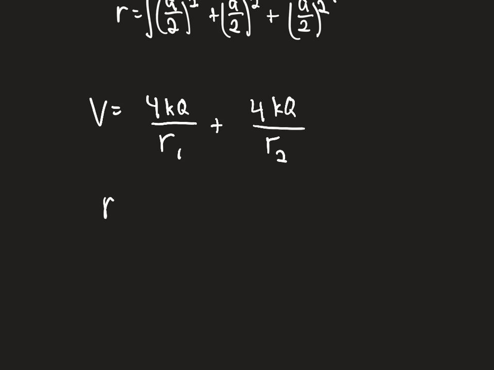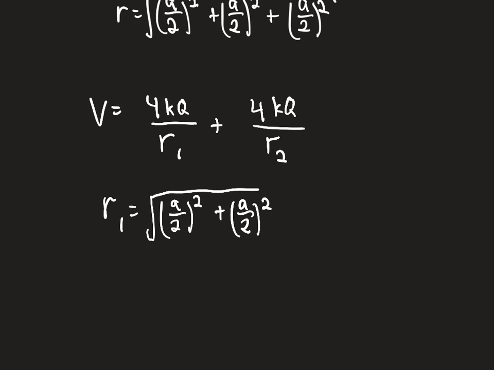So R1 is the square root of (A over 2) squared plus (A over 2) squared. How far from the top to the middle? Also A over 2. Take the square root of that, and that's the front face, because it's giving me over, then down, giving me that hypotenuse.